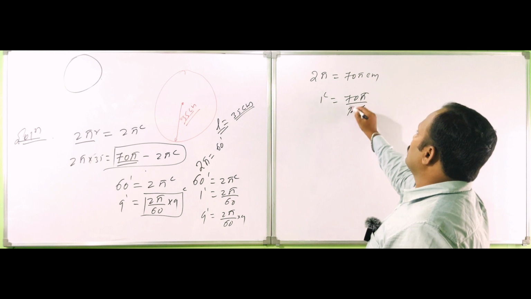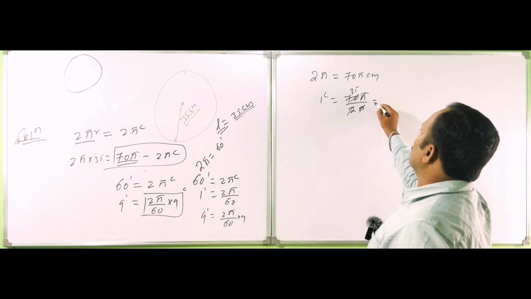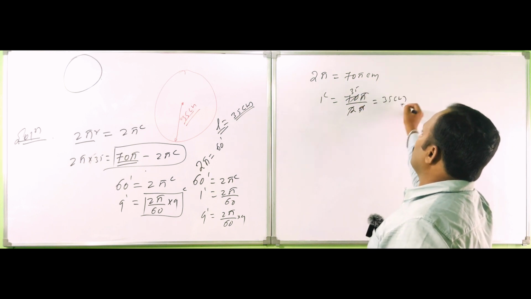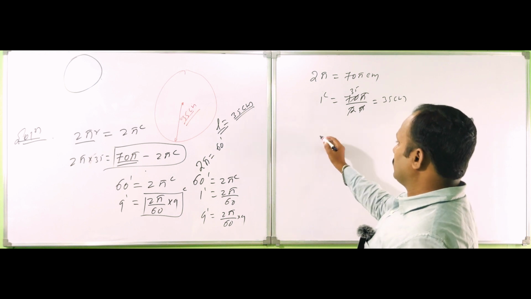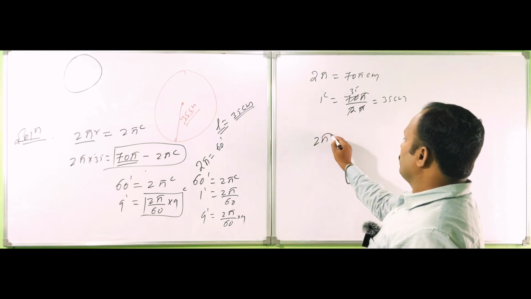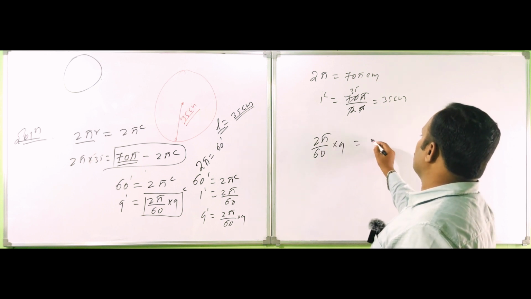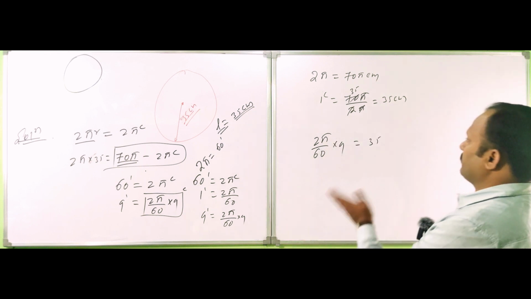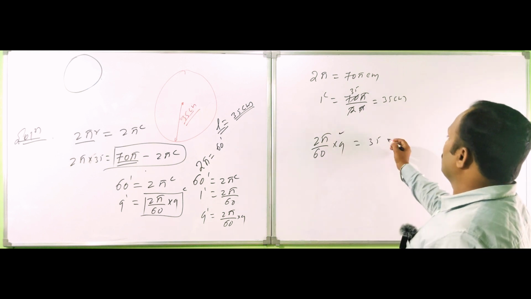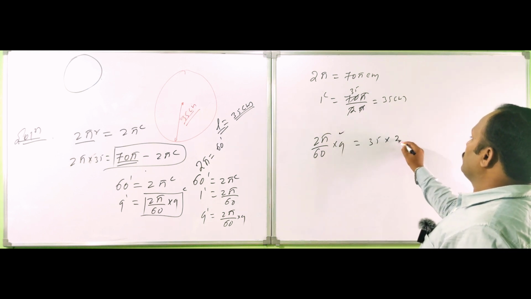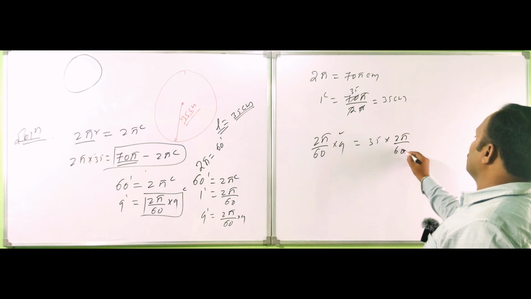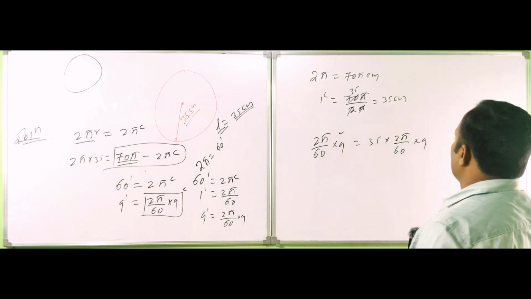The 2 cancels, and this becomes 35 centimeter. For 9 minutes, multiplying both sides, it is 35 into 2 pi by 60 into 9.